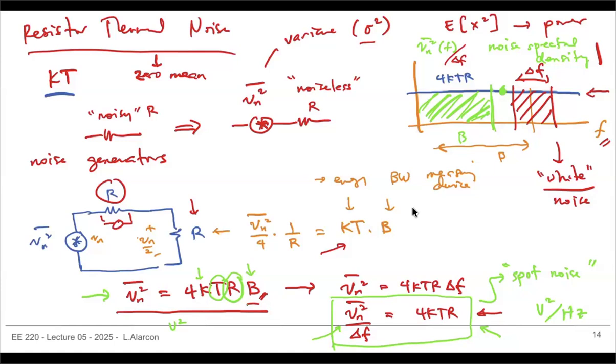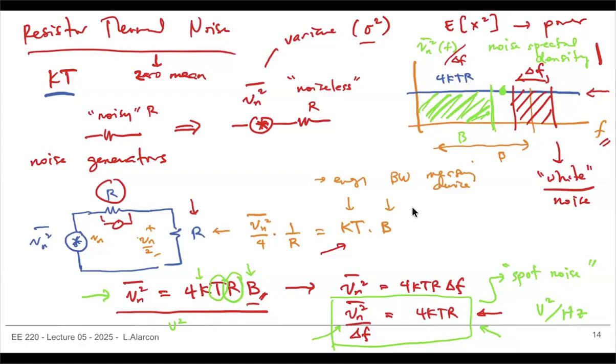Let's try to absorb this. The good news is that we can simulate this. Our simulator and our models allow you to simulate this and look at spectral density and all of that. Any questions here?